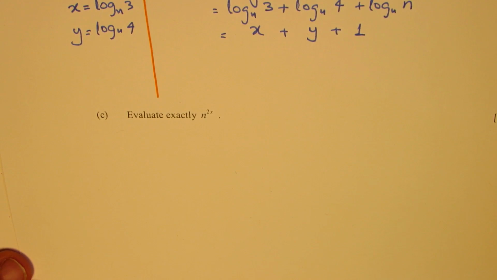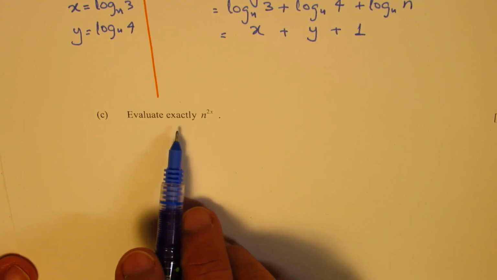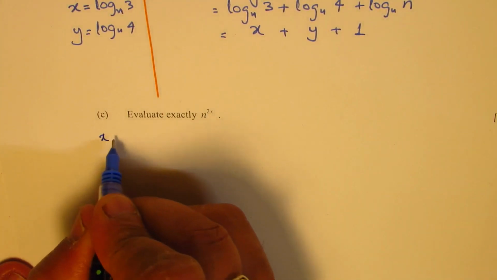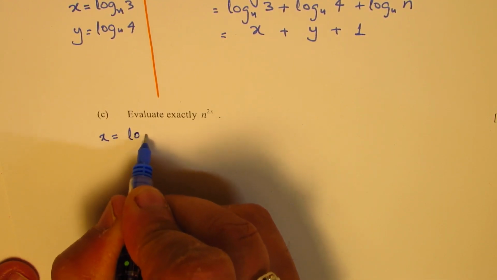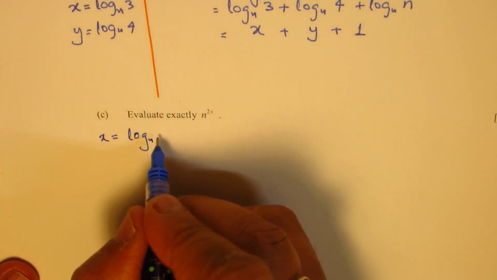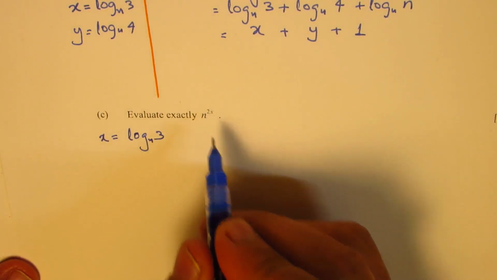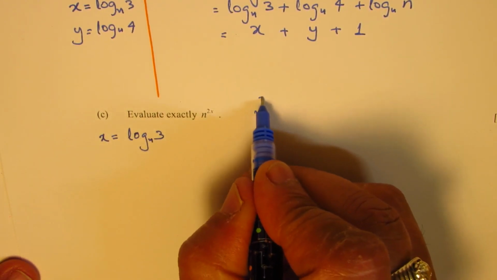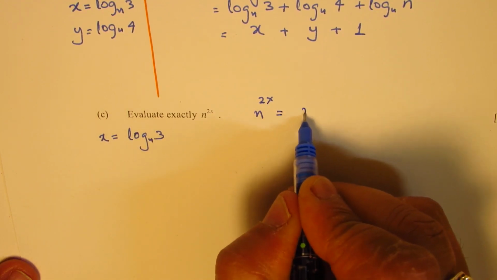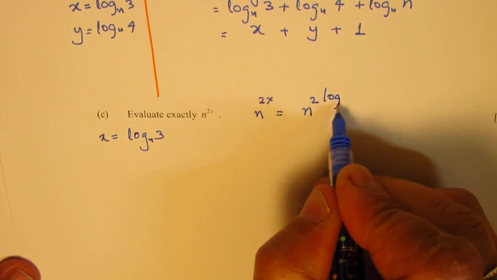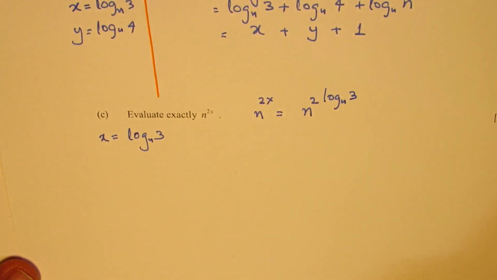Let's move on and take up part C, which is the last part of this particular question. We need to evaluate exactly n to the power of 2x. We are given x is equal to log to the base n of 3. Now, to find n to the power of 2x, I could write n to the power of 2x is equal to n to the power of 2 times log to the base n of 3.